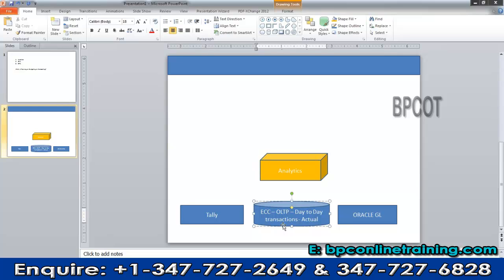To analyze the actual data and the 10 years or 5 years trend of my data, I need a multi-dimensional schema. This analytics is based on a multi-dimensional schema.